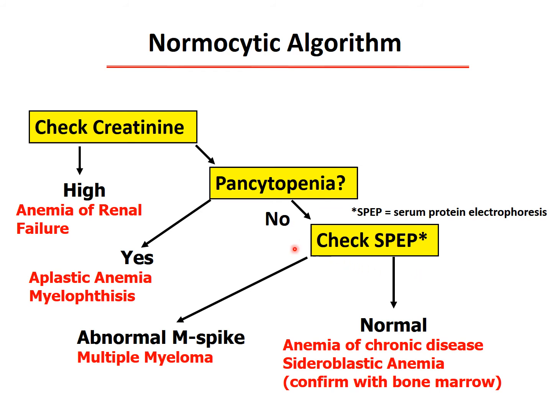If you see this abnormal M spike, a monoclonal spike in the gamma fraction, that means multiple myeloma. If not, the patient could have a chronic disease-associated anemia or sideroblastic anemia, and you have to perform bone marrow aspiration. This is how you go with this.